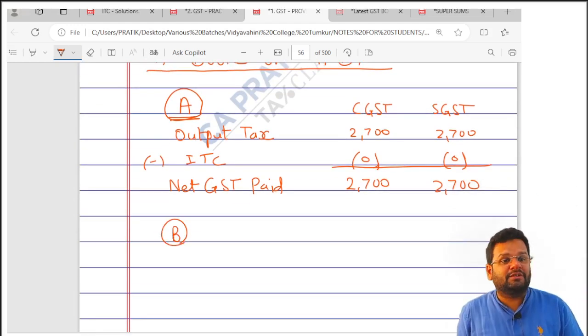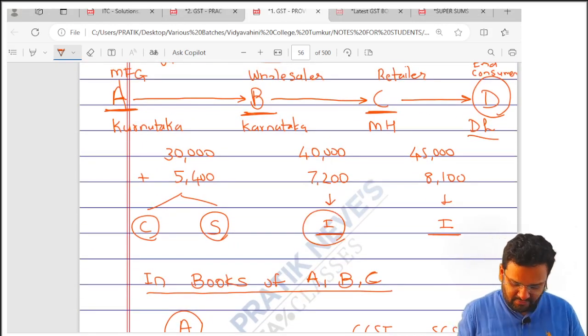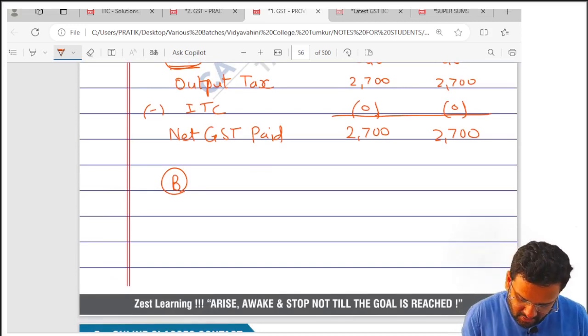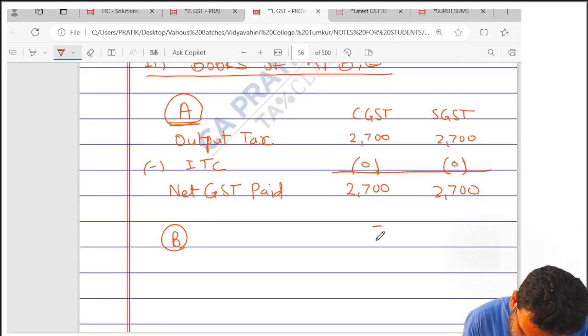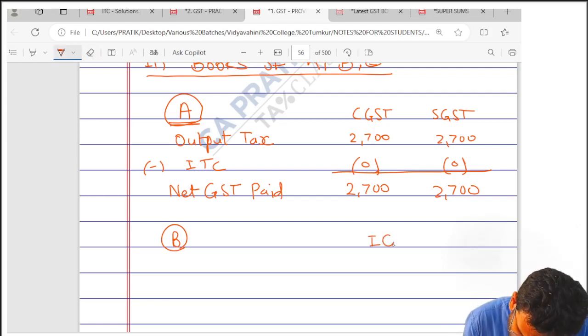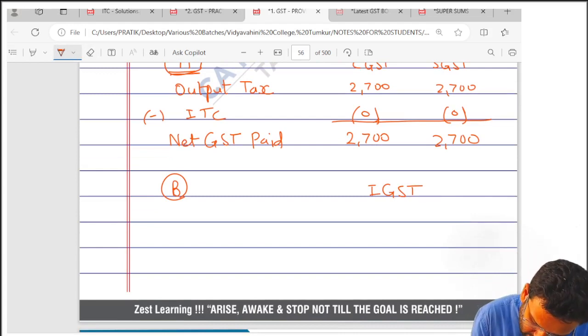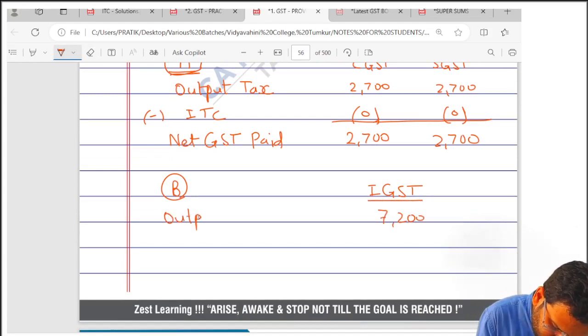Now comes B. For B, which is the output tax? 7,200. Which? IGST. So can I write for B only IGST? How has B paid IGST? What was his output tax of IGST? 7,200 was his output tax.